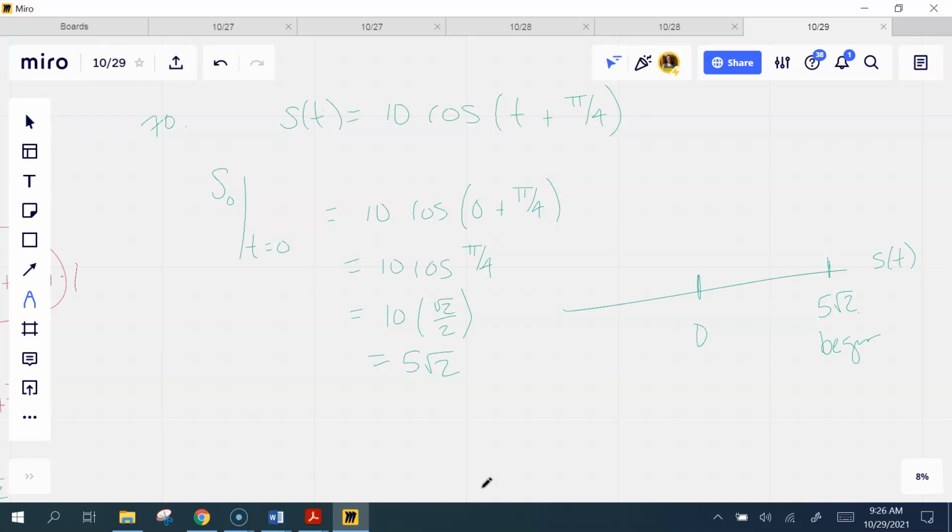But when is it going right and when is it going left? When it's positive. When does it change direction? What about velocity?